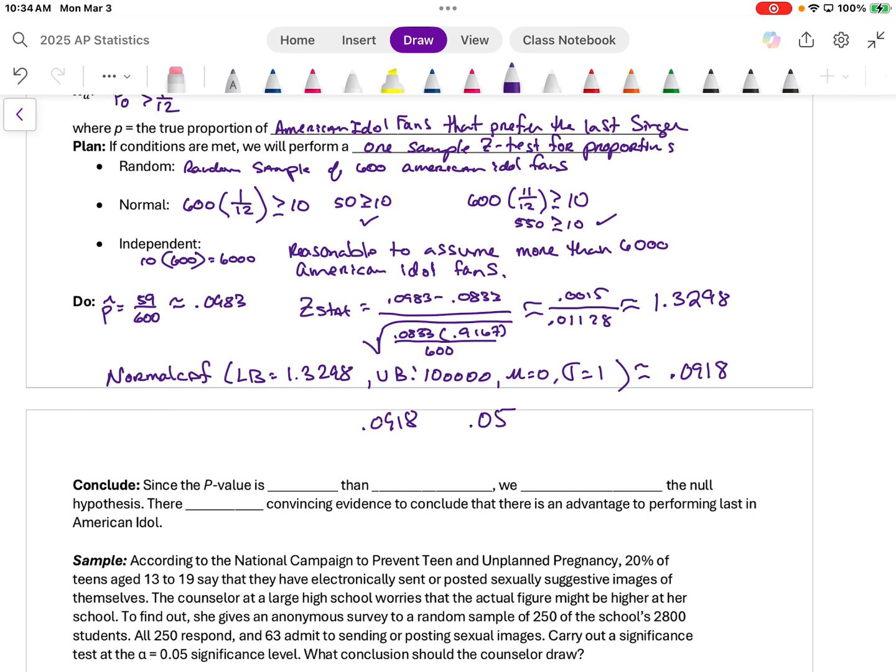Is 0.0918 less than or greater than 0.05? It is technically greater than, correct? So since the p-value is greater than our alpha, which was 0.05, we fail to reject.